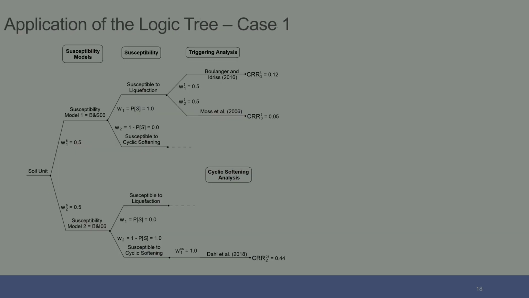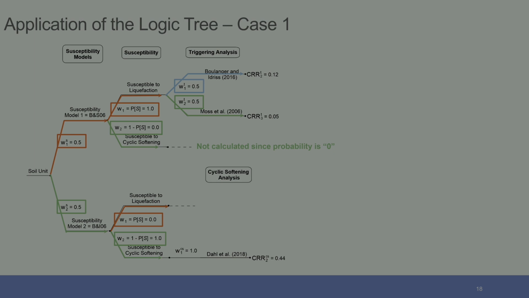Let's apply the logic tree framework. At the first stage, we can enter both of the models. We are assigning 50% weights for both of the models. For Bray-Sancio, we found that the probability susceptible to liquefaction is 100% and 0% for susceptible to cyclic softening. For Boulanger and Idriss, it is the other way around.